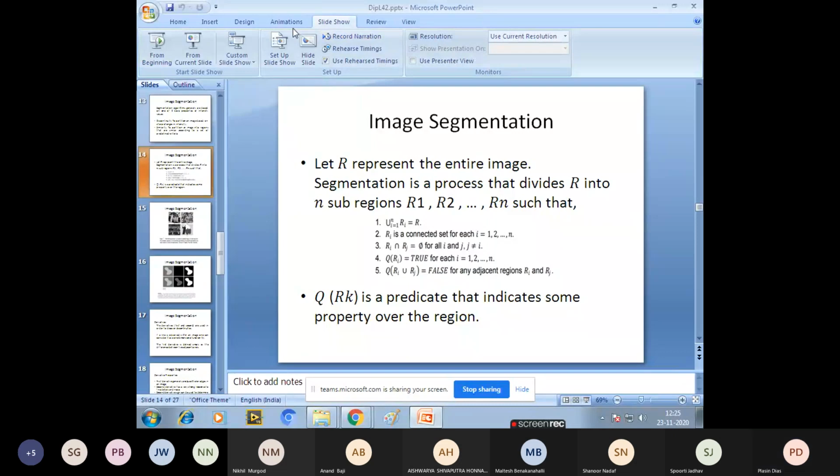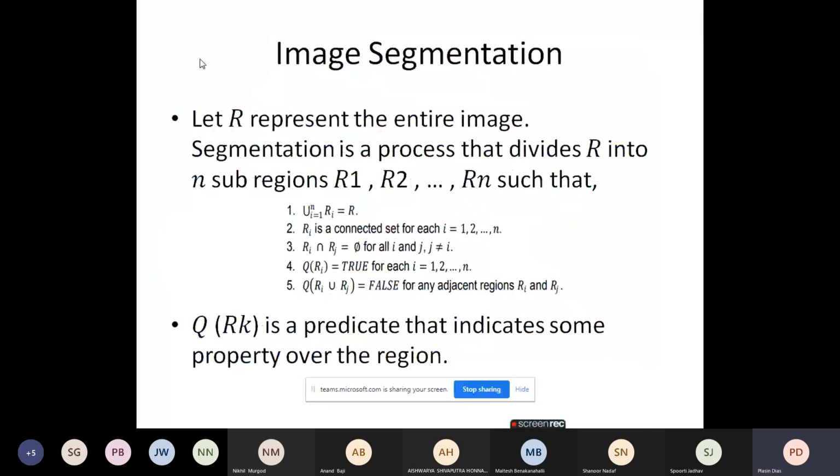So, I was discussing Q of Rk, which is considered to be a logical predicate defined over the points in Rk.